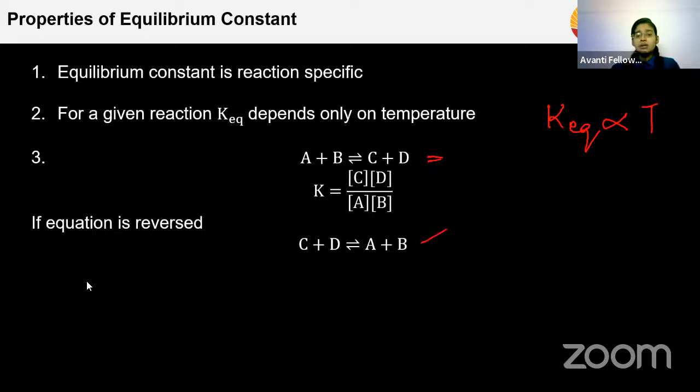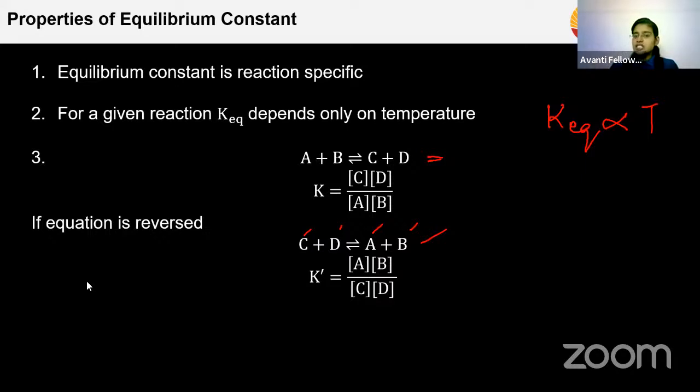Now let me take the new equilibrium constant as K dash. For K dash, the products are A and B and the reactants are C and D. So the relation will be A into B divided by C into D. So if the equation is reversed, I am getting a new equilibrium constant.